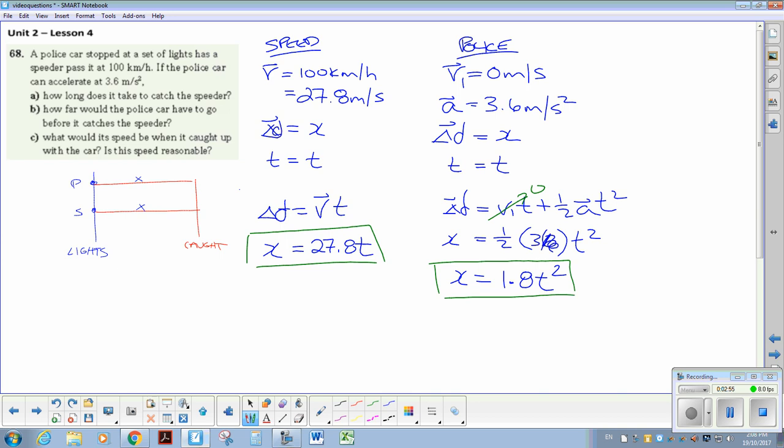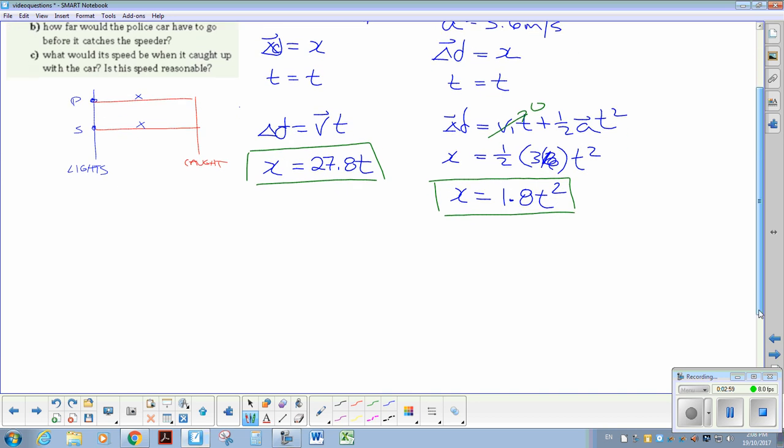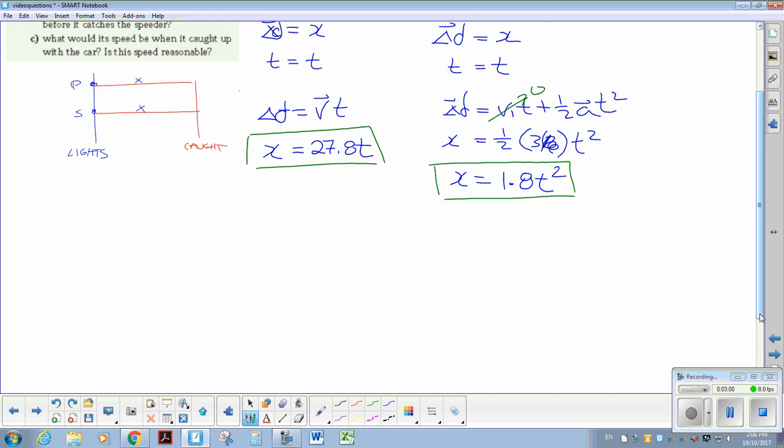Now I have a second equation. So now I have two equations, two unknowns. However, x is equal in both. So if we substitute 1 into 2, we know that 27.8 t equals 1.8 t squared.